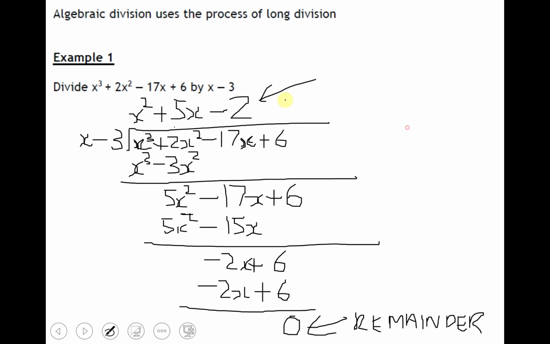And what we end up at the top of the bus stop is the quotient. So basically, x cubed plus 2x squared minus 17x plus 6 divided by x minus 3 is equal to x squared plus 5x minus 2, remainder 0.